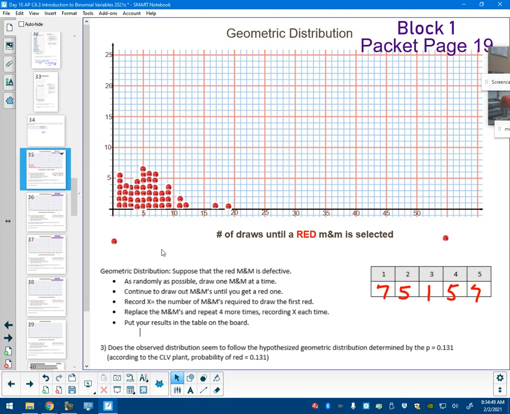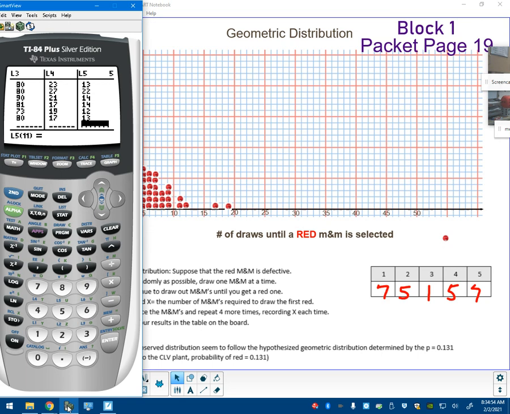I'm going to see if the reds came out close to 13%, just because I'm curious, not because it has anything to do with this page.